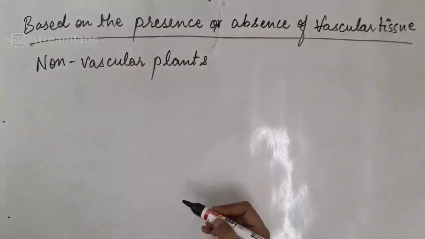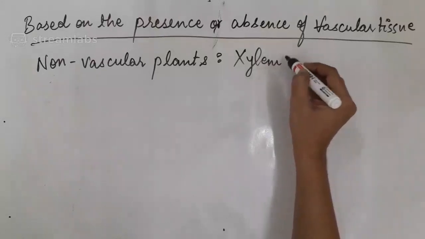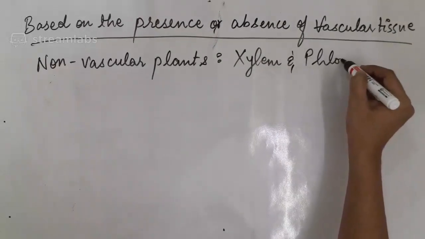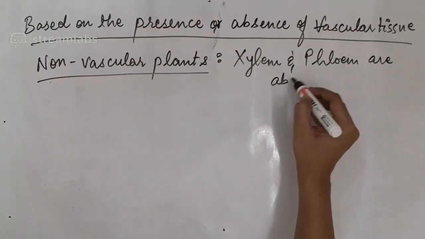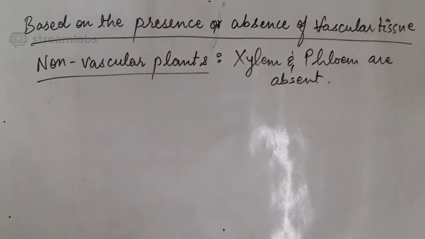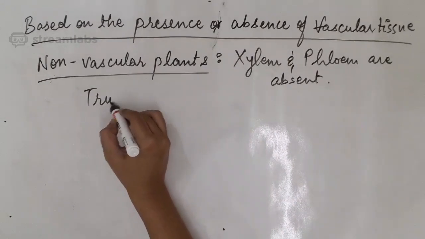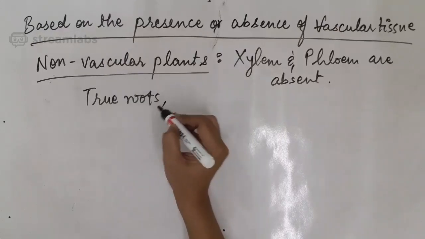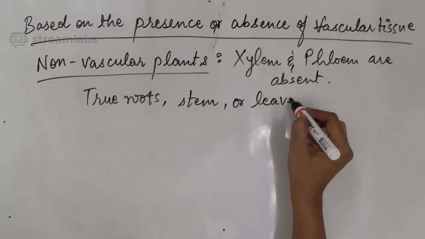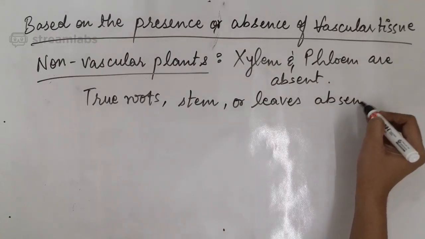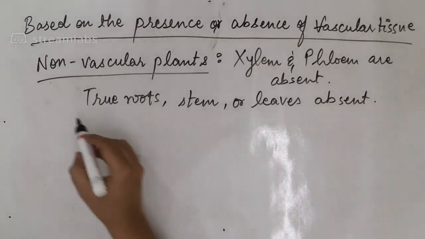They do not have vascular tissues like xylem and phloem. True roots, stem or leaves are also absent. These are the bryophytes.